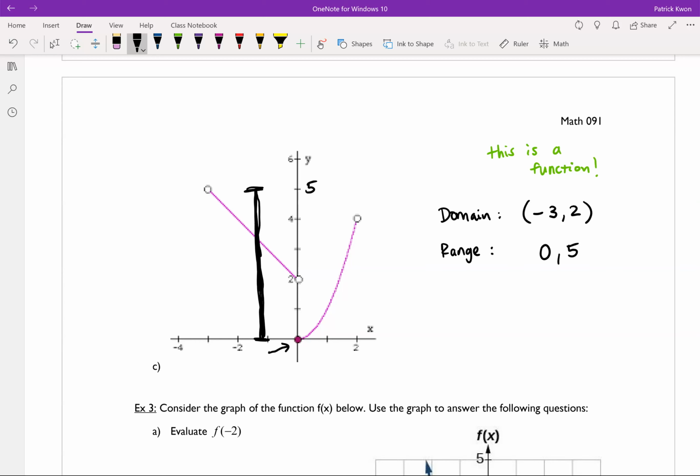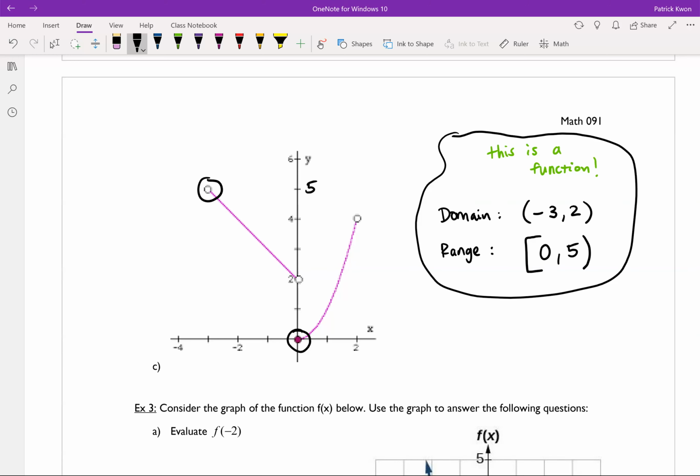Now, we have to think about this carefully. Are 0 and 5 both included in our set? Well, because we have a closed dot here, that means the 0 is included, and since we have an open dot there, that means the 5 is not included. So these are our final answers for part C.